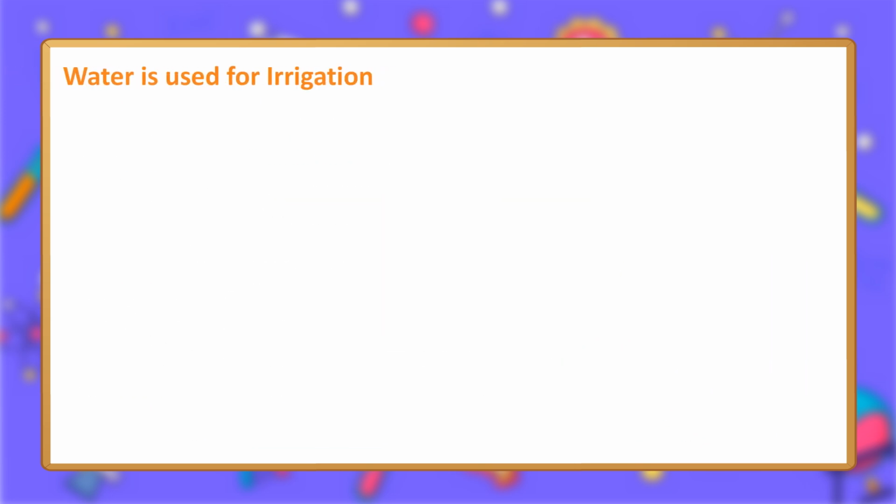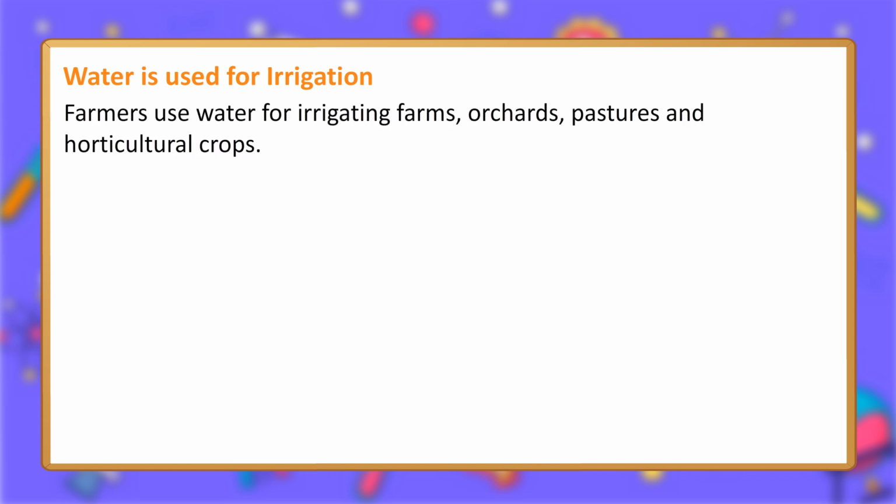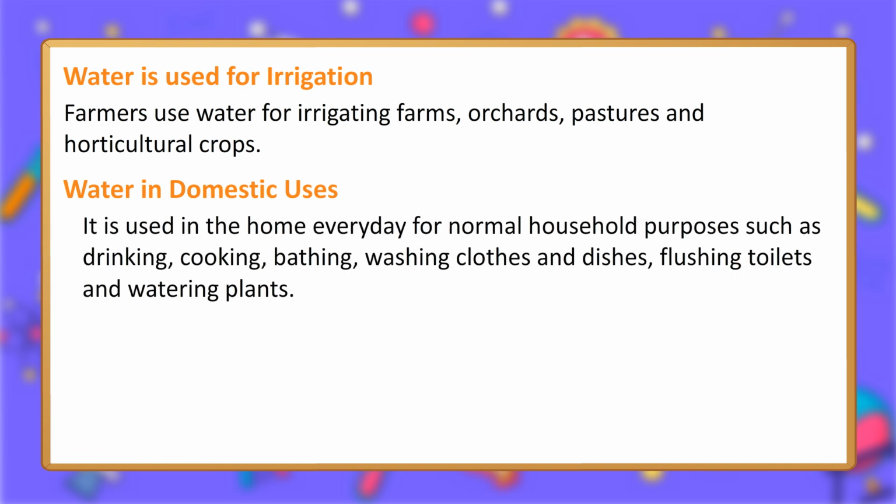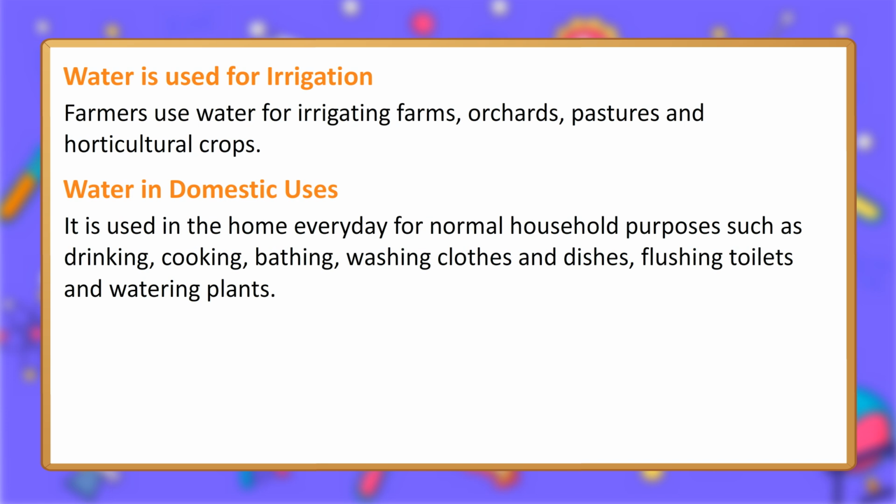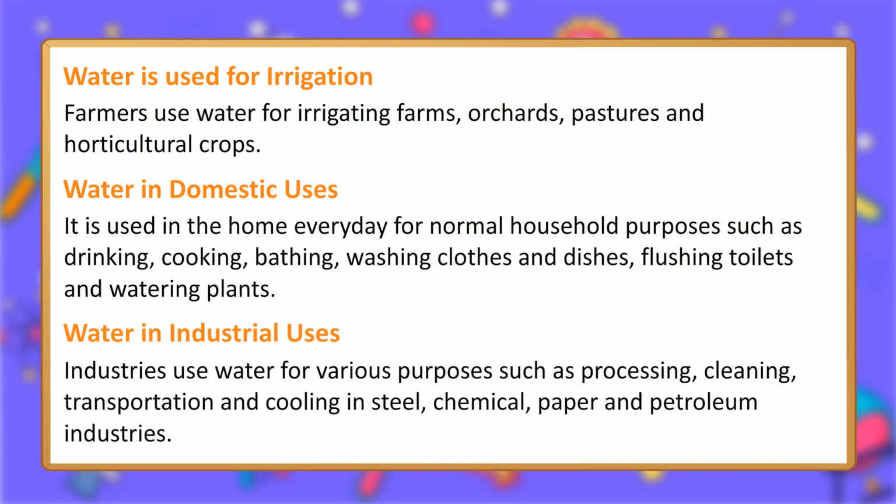Water is used for irrigation. Farmers use water for irrigating farms, orchards, pastures and horticultural crops. Water in domestic uses. It is used in the home every day for normal household purposes such as drinking, cooking, bathing, washing clothes and dishes, flushing toilets and watering plants. Water in industrial uses.